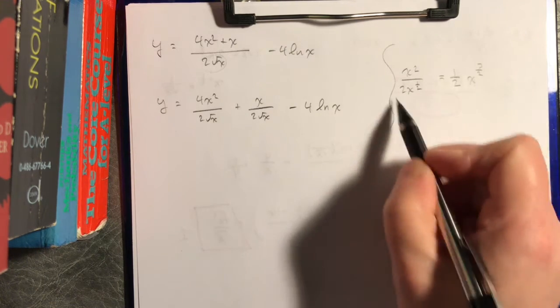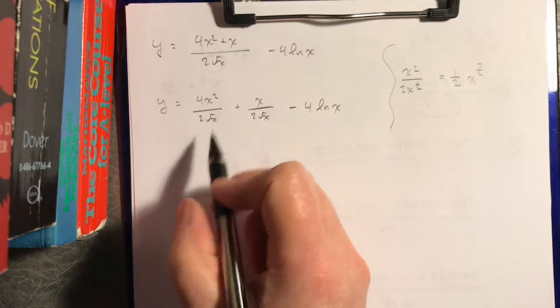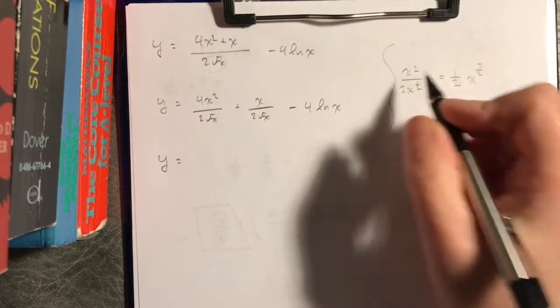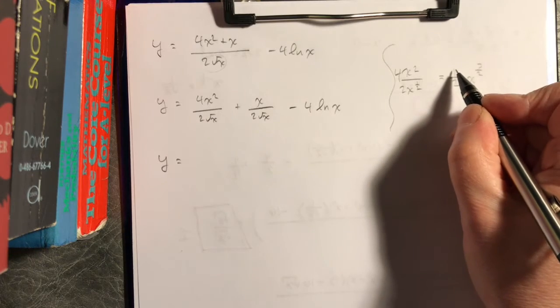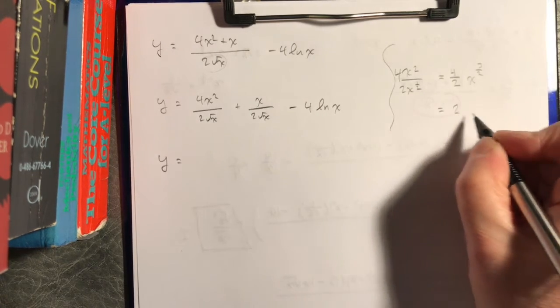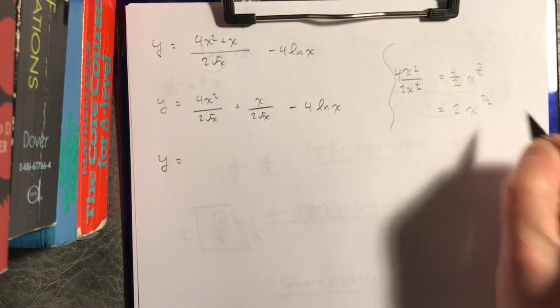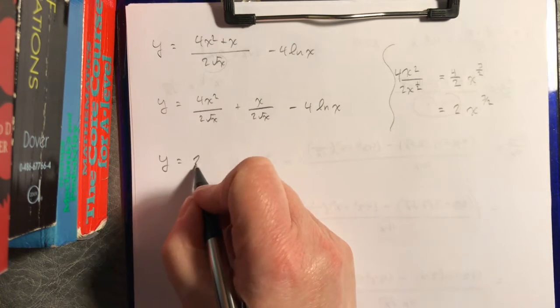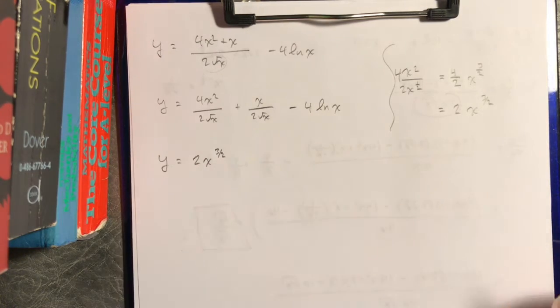If you need to pause and think about that, please do. Sorry, I had a 4 in there. That's going to give me 4 over 2, which is just the number 2. I'm going to have 2x to the 3/2. Please tell me you agree with that. Okay, 2x to the 3/2.